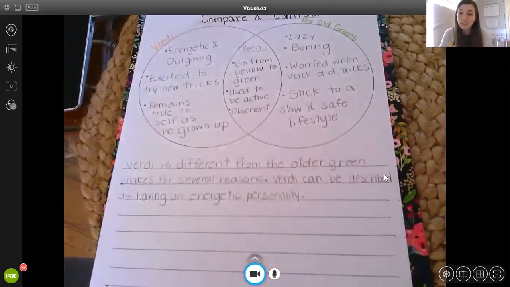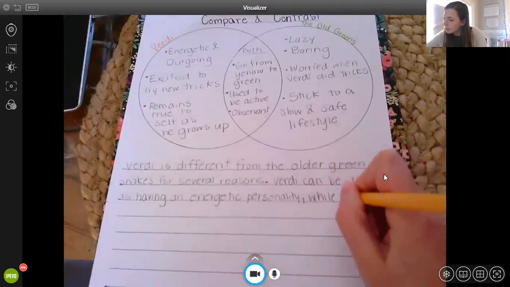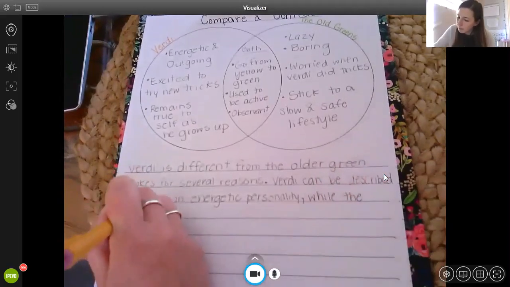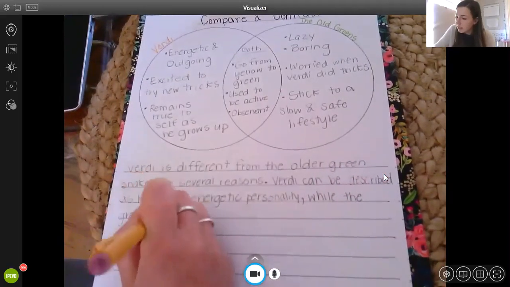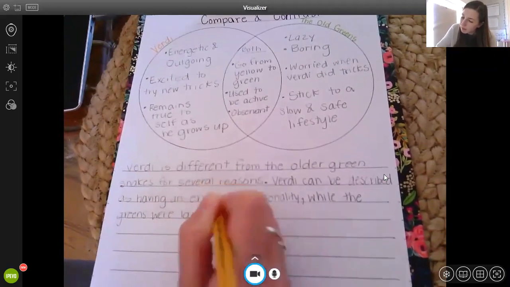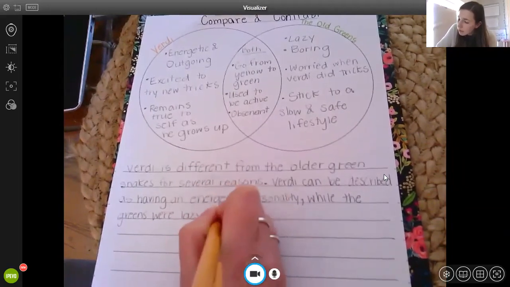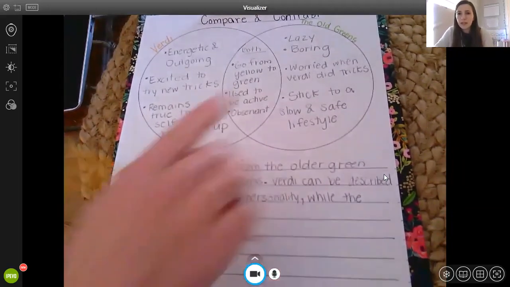Okay, the greens, on the other hand, we said were very lazy and boring. While the greens were lazy and boring. And again, I'm just using those traits we found and listed in our Venn diagram.